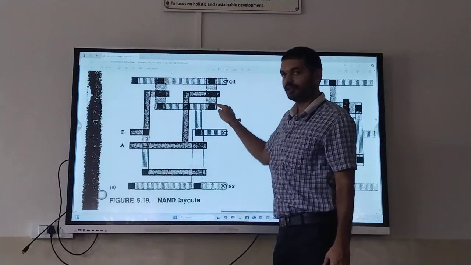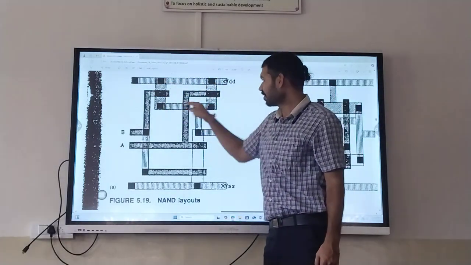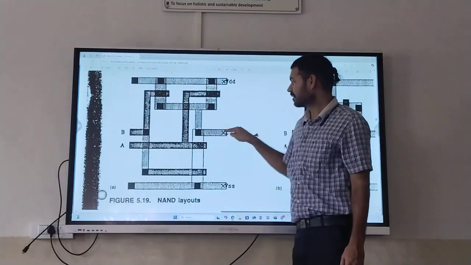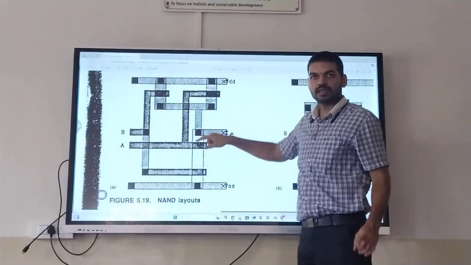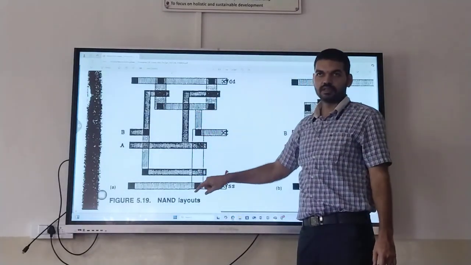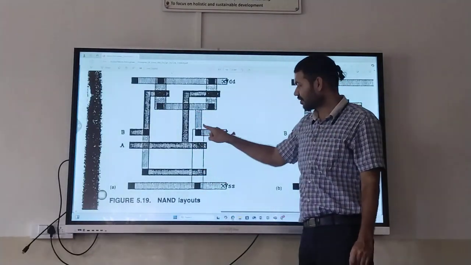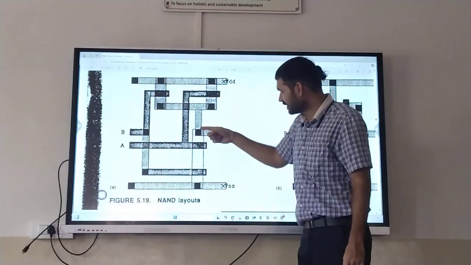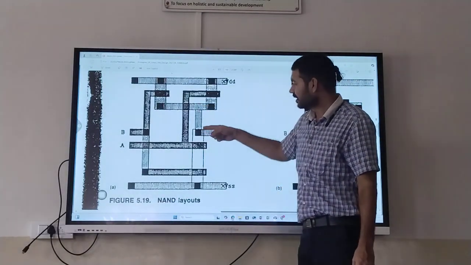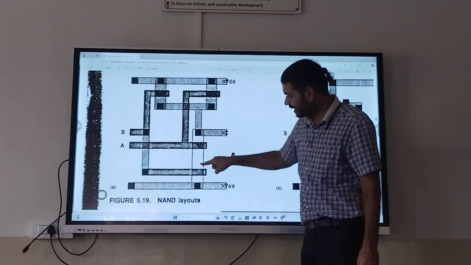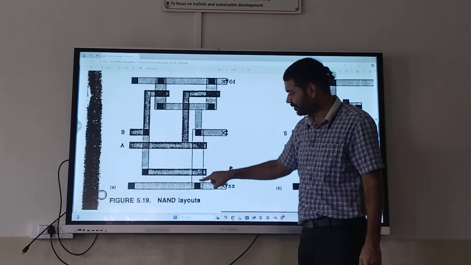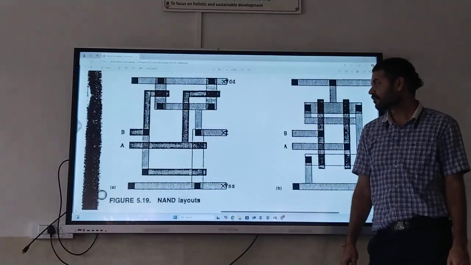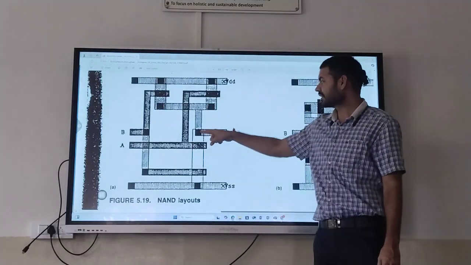When the two drains are shorted and brought down, that is the output. Okay, this is the output and this is one N diffusion. Why only one N diffusion? Because we know the connection should be in series. So this is drain to drain short. Drain, that is source, is shorted to VDD. And the drain to drain short is the output.